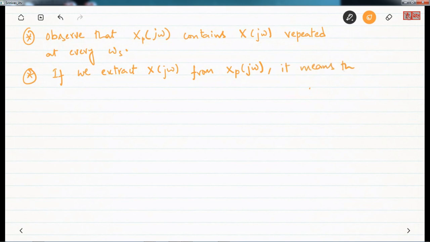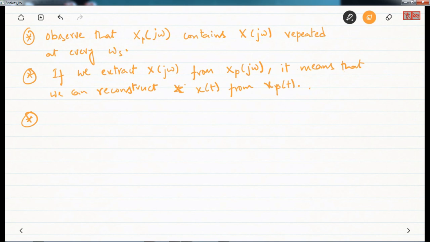It means that we can reconstruct x of t from xp of t.